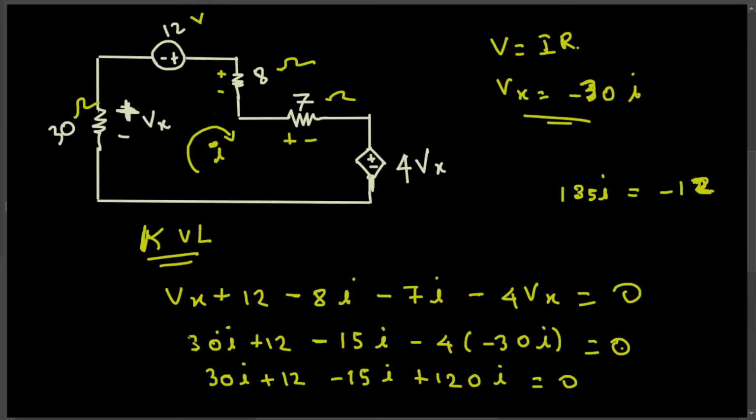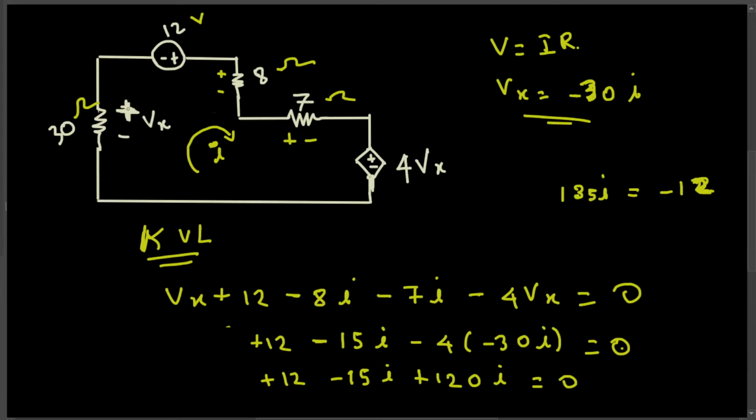Okay, let's erase the whole 30i. Okay, so let me rewrite. So Vx plus 12, this is the voltage here, Vx, and that's positive because the current is going from minus to plus. So I put a positive right here. And if you solve for Vx using Ohm's law, that is minus 30I, right?